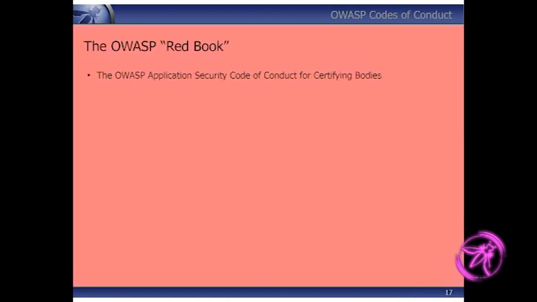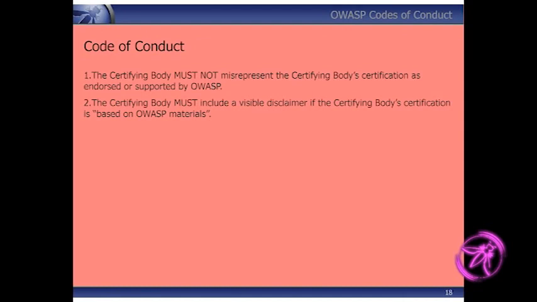And the last one that we've got as a significant draft at the moment is this red book to do with certification bodies. OWASP is not going to endorse any particular certifications for learning about application security, but we do know that other certification bodies play an important role in this space.